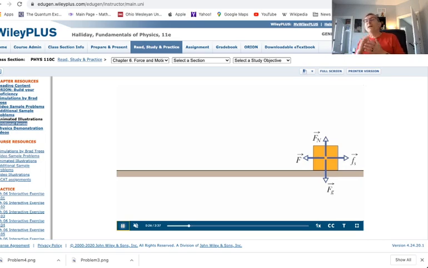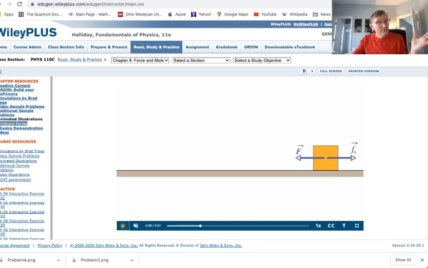Because what if I come along with this applied force and I pull a little bit harder to the left? Now that applied force is bigger, but still not so big that the block moves. Understand what I'm saying? Still, the block is stationary. So that must mean that the static frictional force got bigger the other way to match the applied force.